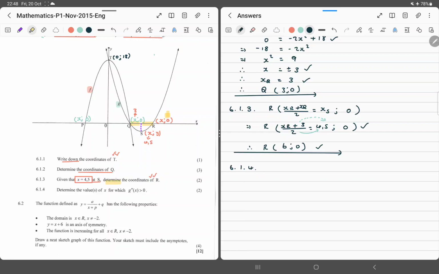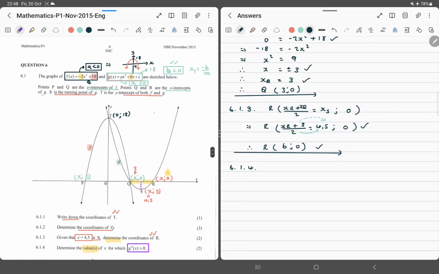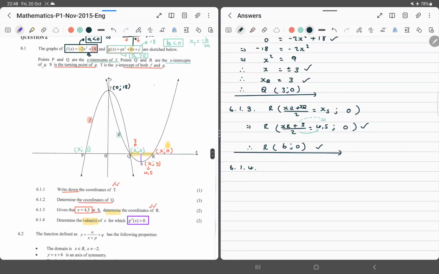6.1.4. Now this says determine the value or values of x for which g double prime of x is greater than 0. Okay, so now let's look at the equation of g. Now we know that g of x is that hypothetical function, which is ax squared plus bx plus c.